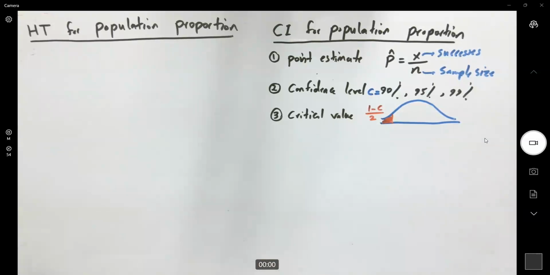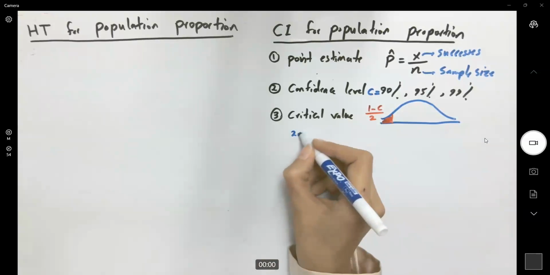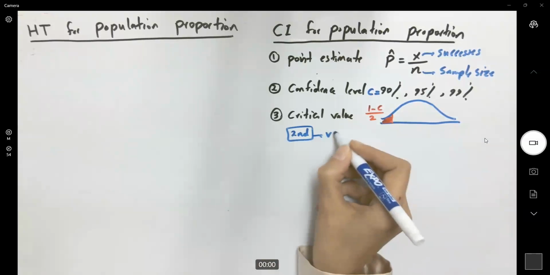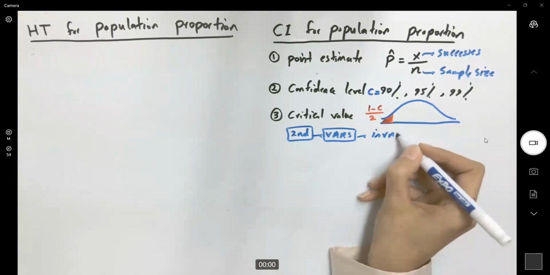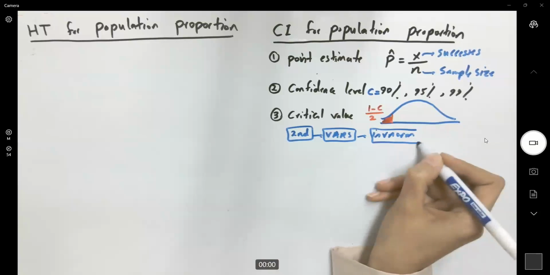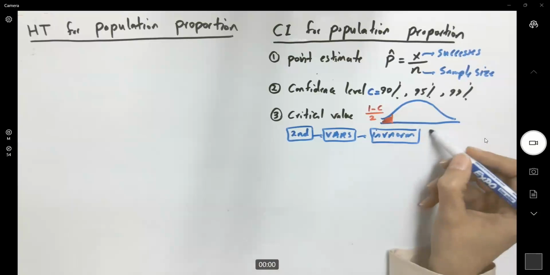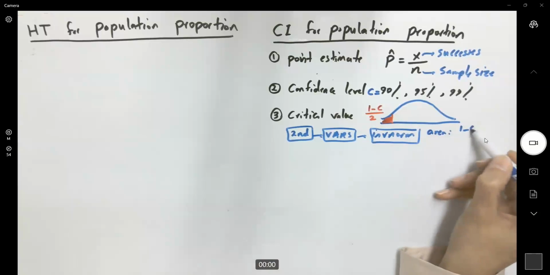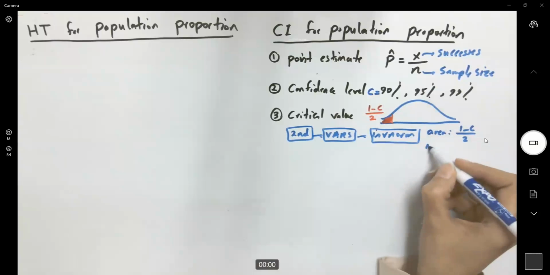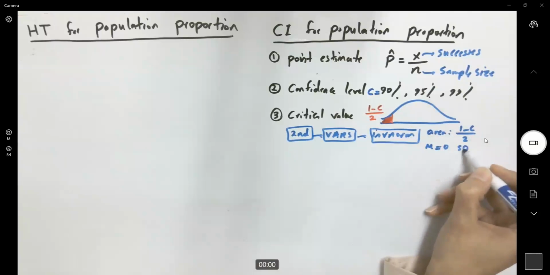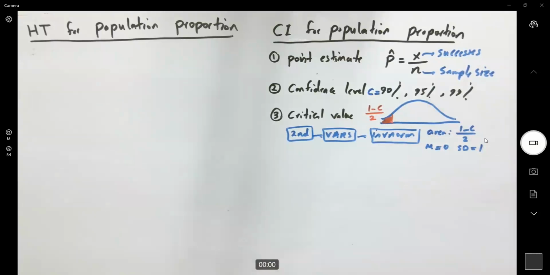We go to second, VARS. We find inverse norm, and then we enter this information. First of all, for the area, we enter (1 minus c) divided by 2, depending on what c is, and the mean is going to be 0, and standard deviation is 1.